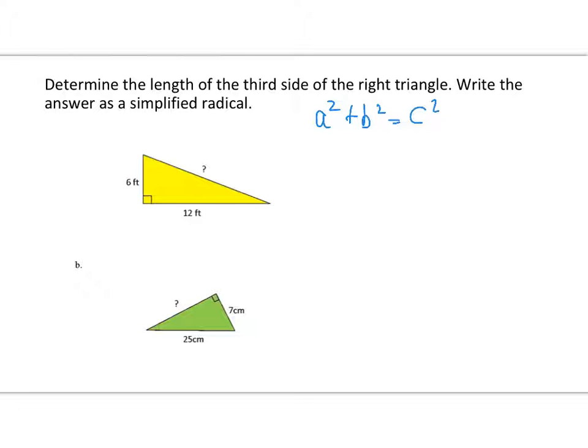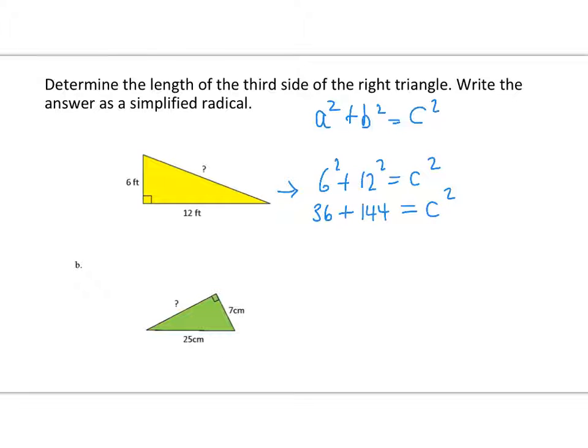So in this particular problem, we have the shorter side, 6 squared plus 12 squared is equal to c squared. And we want to find c. So we have 36 plus 144 is equal to c squared.